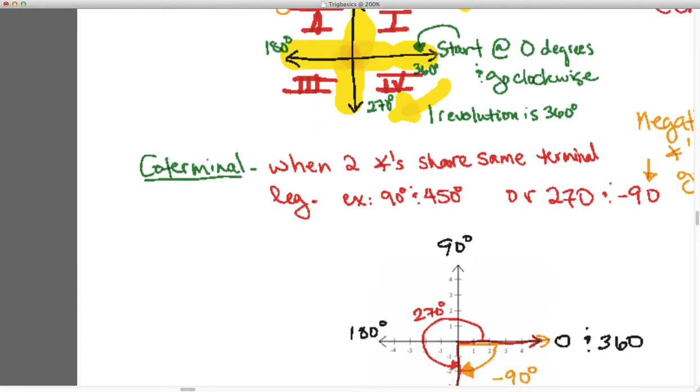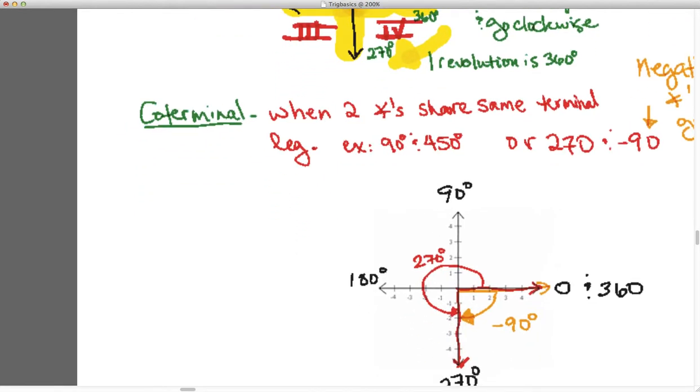So what does it mean when we're looking for coterminals? Well, two coterminal angles share the same terminal leg. They end up at the same place. So for instance, we can go 90 and 450, which is 360, plus another 90.